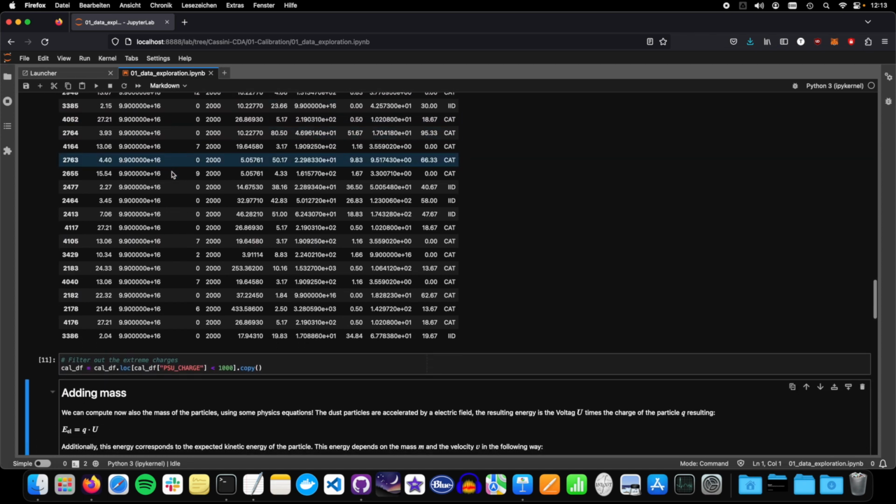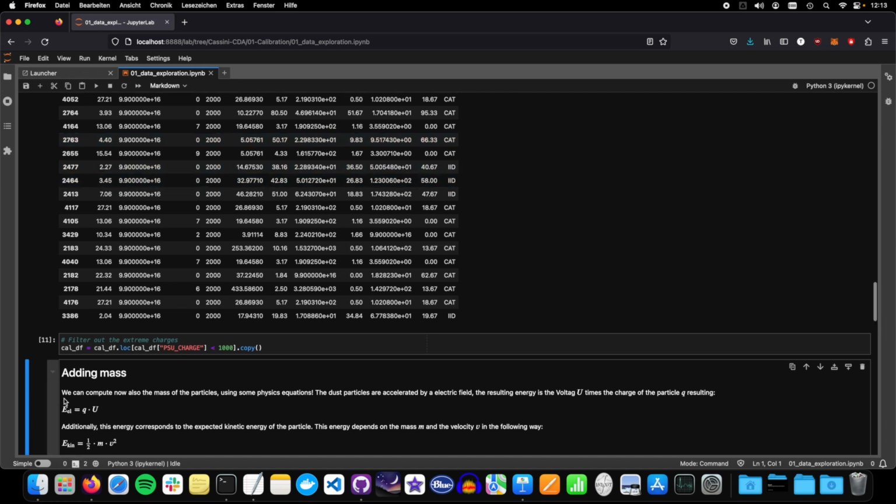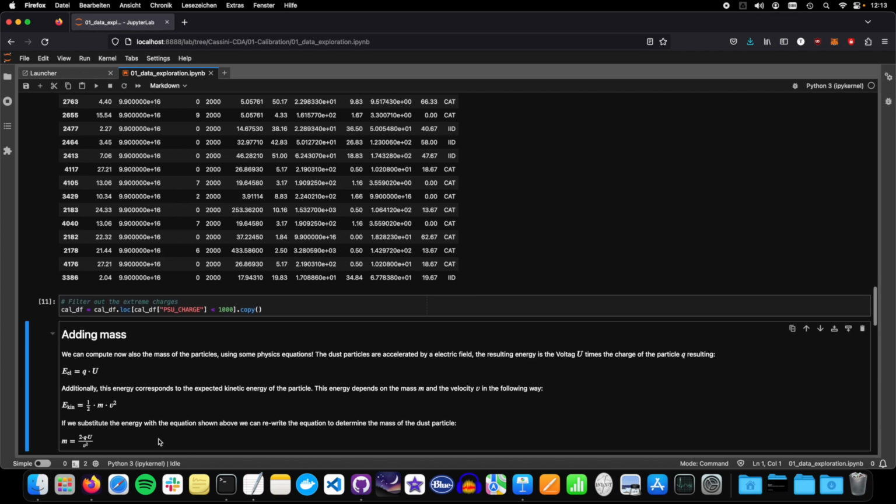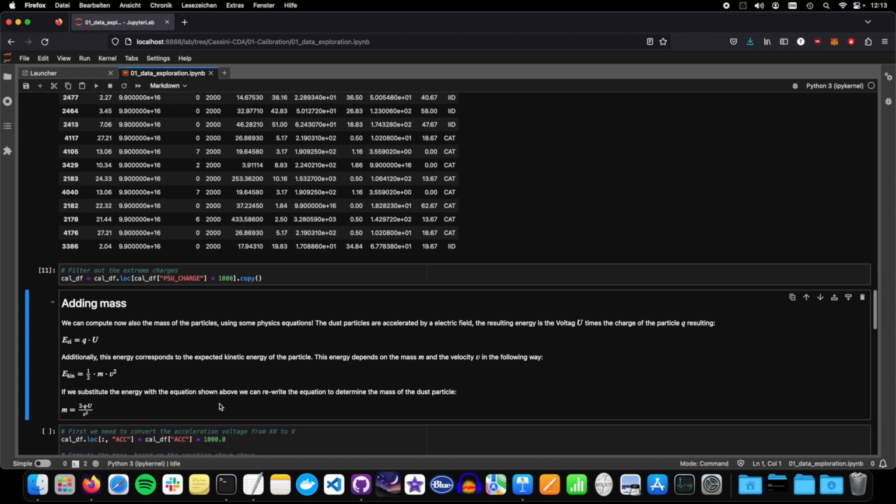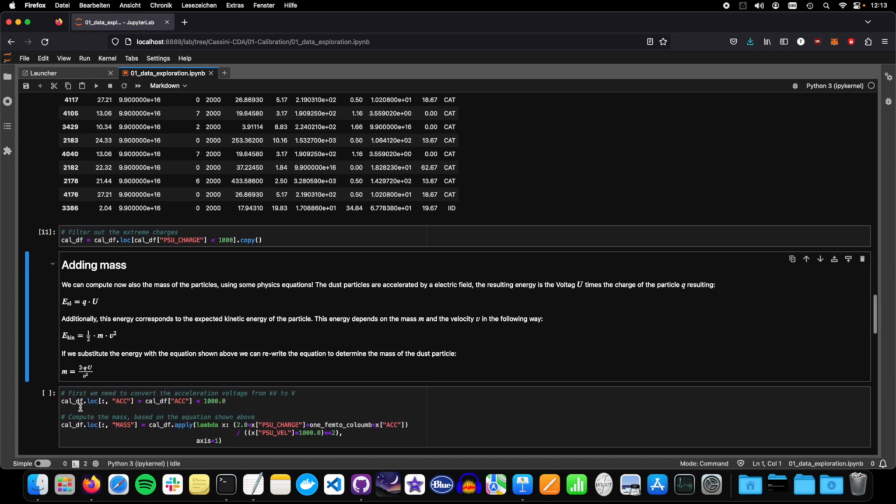So what we need to do now is put both equations together and solve for m, the mass. And if we do this, we have this kind of function: m is 2 times the charge times the acceleration voltage divided by the velocity squared. So this is how we can now compute the mass, and this is what we do now here.